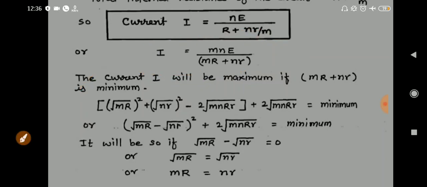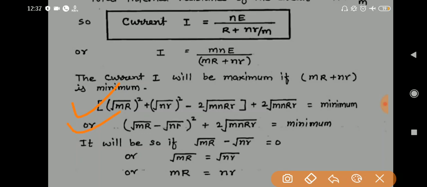We can write mR plus nr as under root mR whole square plus under root nr whole square minus 2 under root mnRr plus 2 under root mnRr, which is equal to the minimum.